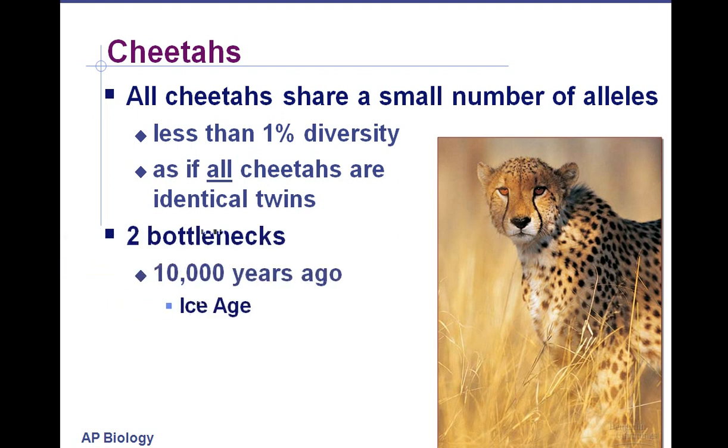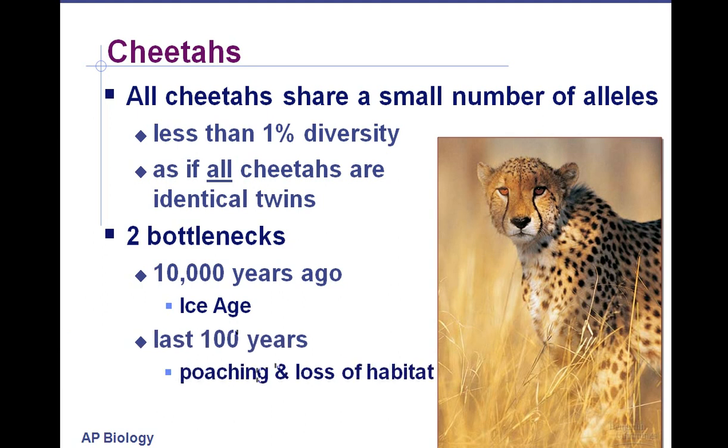They suffered two bottlenecks, one 10,000 years ago during the last ice age, and one in the last 100 years as a result of poaching and loss of habitat. So they've been hit pretty hard. And when you eliminate all the other members of a population, you take those alleles with them, and since there's not very much genetic diversity in these cheetah populations, diseases are a big concern, because if one cheetah is susceptible to the virus genetically, then they're all going to be susceptible to a virus or a bacteria.